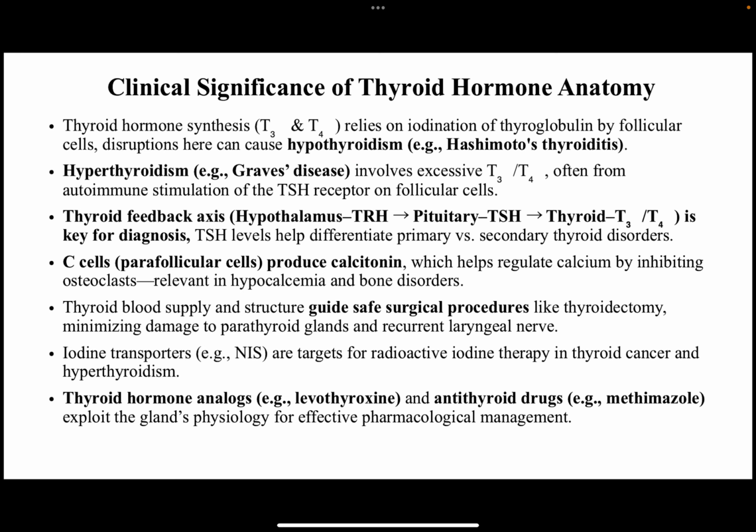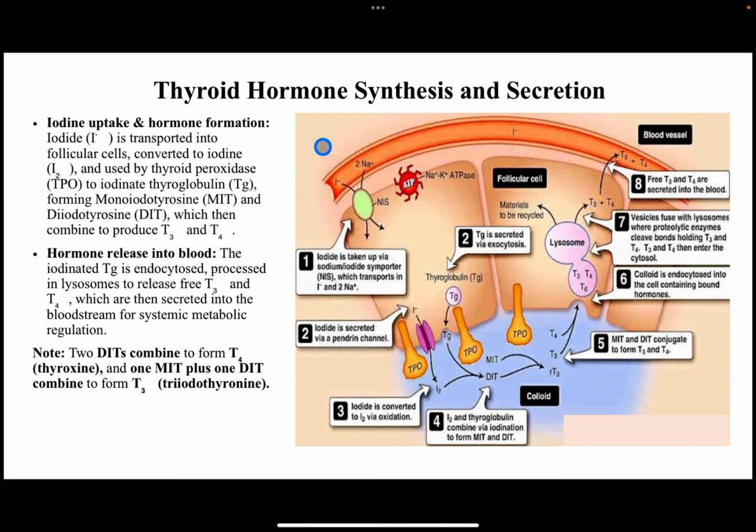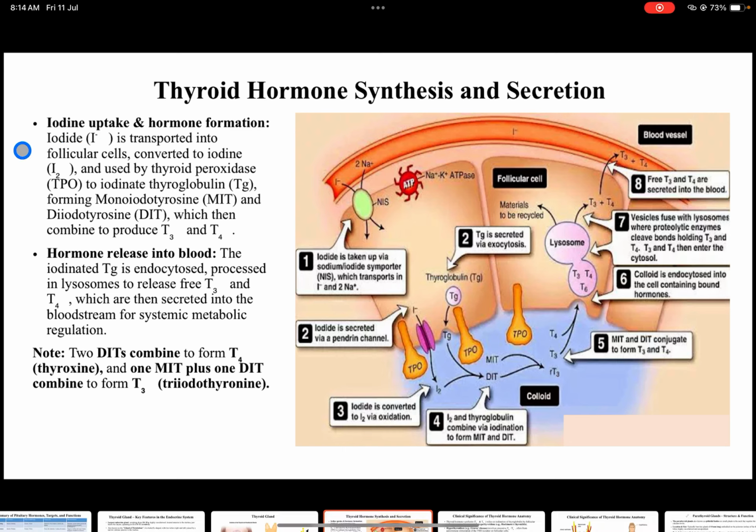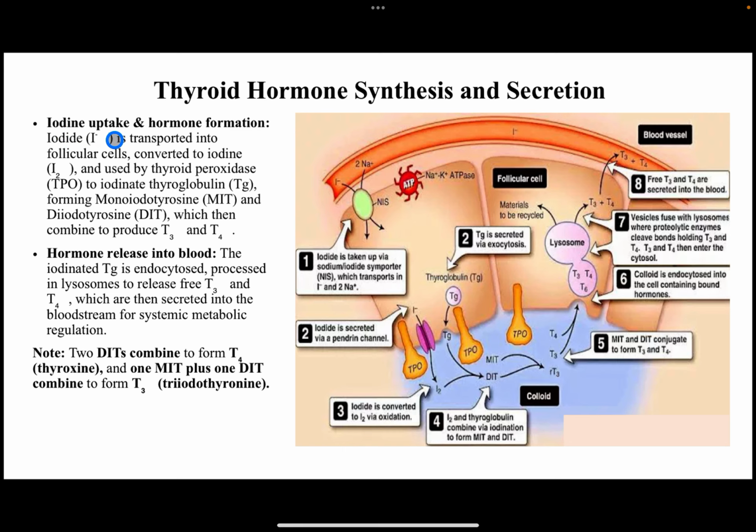When you take in food containing iodine, it is absorbed as iodide. When it gets to the follicular cell, it passes through the iodide sodium symporter and enters the follicular cell. The TPO, the thyroid peroxidase, which is the enzyme, has to convert it.